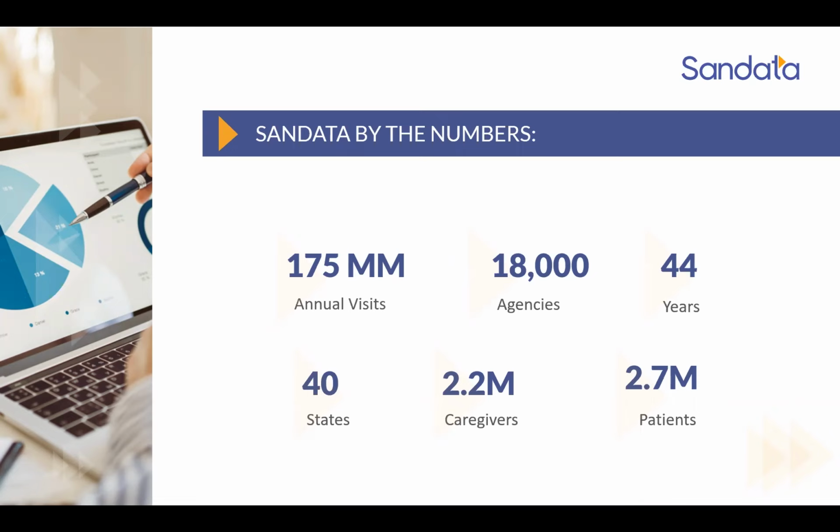Like I said, we've been in business for over 40 years, so we have a really large database of visits that we can use to mine information and run all sorts of analytics.